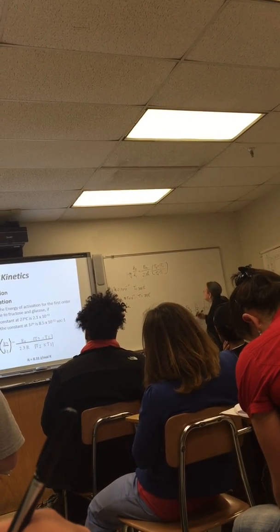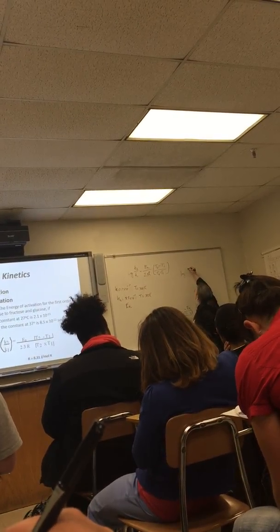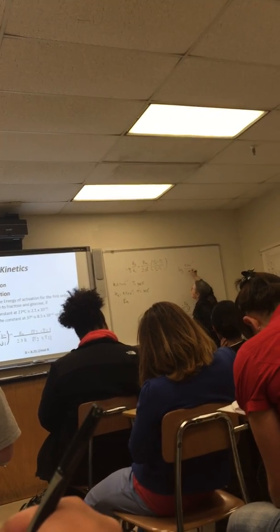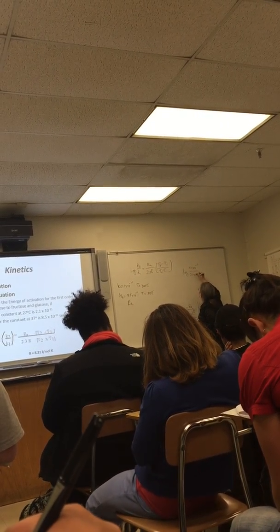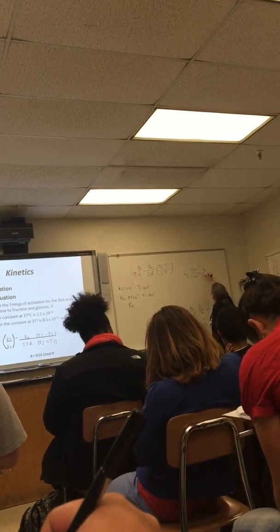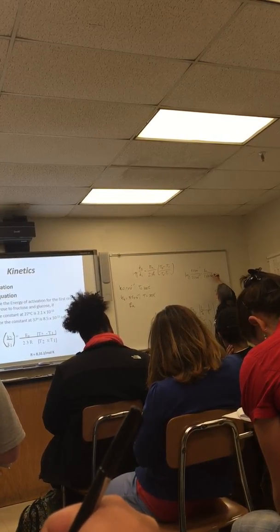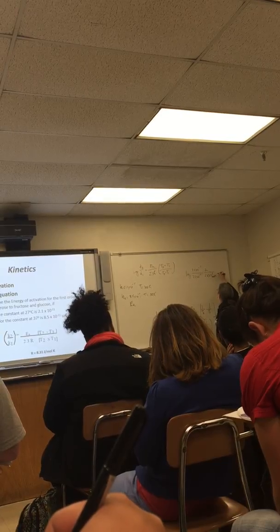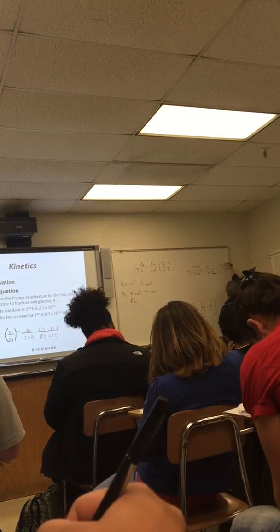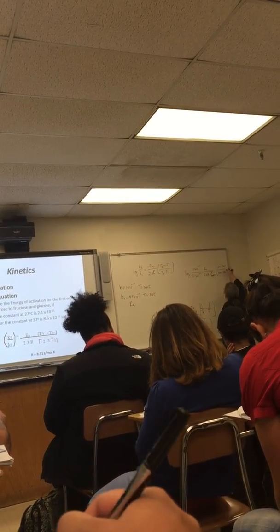So, plug them in. Log of K2, 8.5 times 10 to the negative 11, divided by 2.1 times 10 to the negative 11 is equal to, over 2.3 times 8.31, this is joules per mole Kelvin, times 310 minus 300 over 310 times 300.